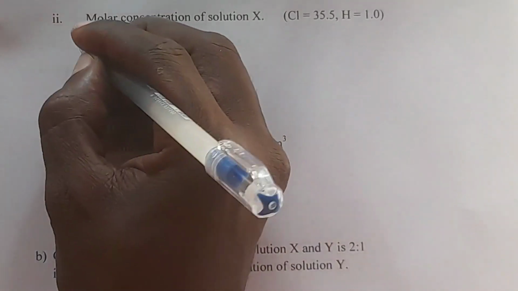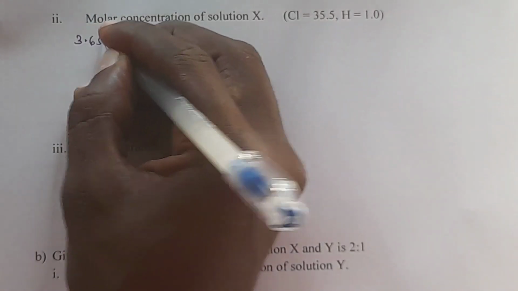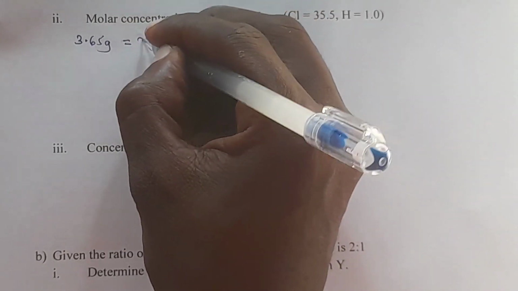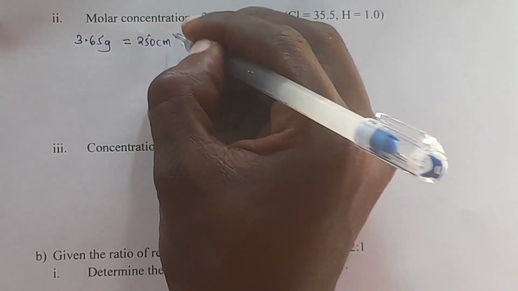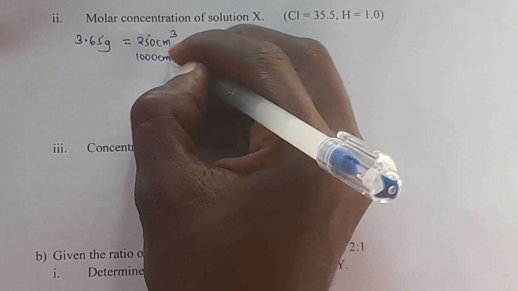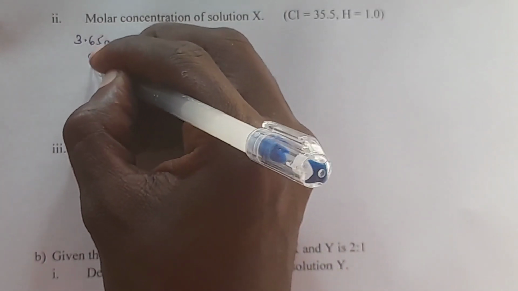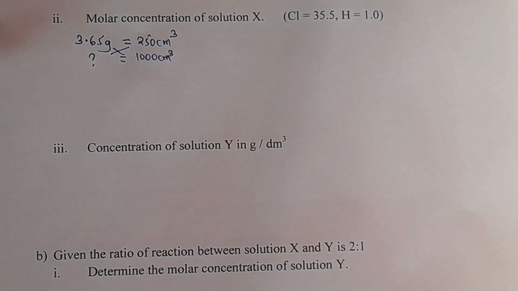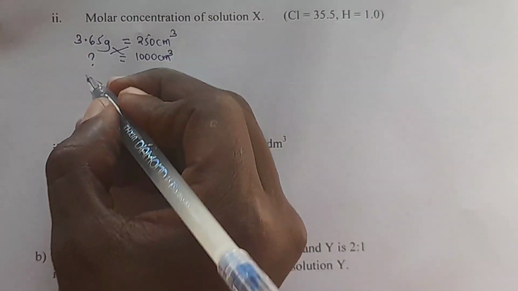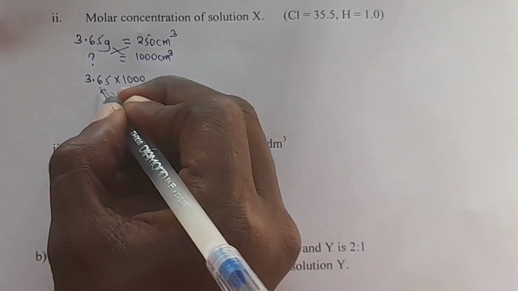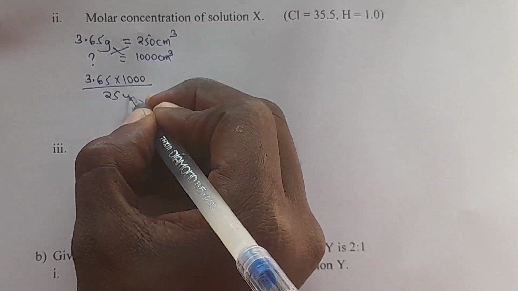So we can say, if 3.65 grams of hydrochloric acid has been dissolved in 250 cm³ of solution, what about 1000 cm³? What mass are we going to get? That mass will be in grams per liter. So it will be 3.65 multiplied by 1000 divided by 250.